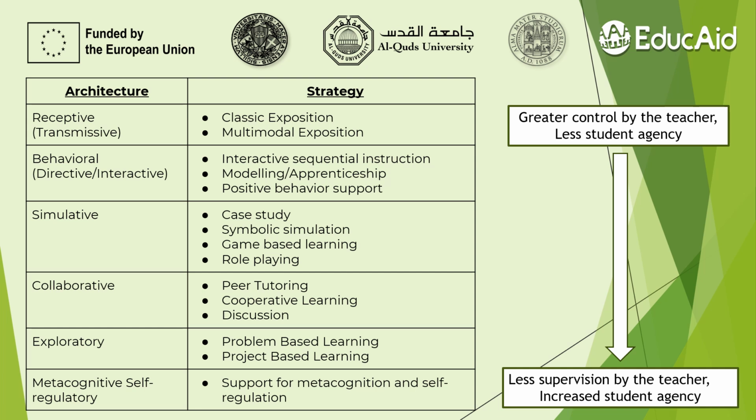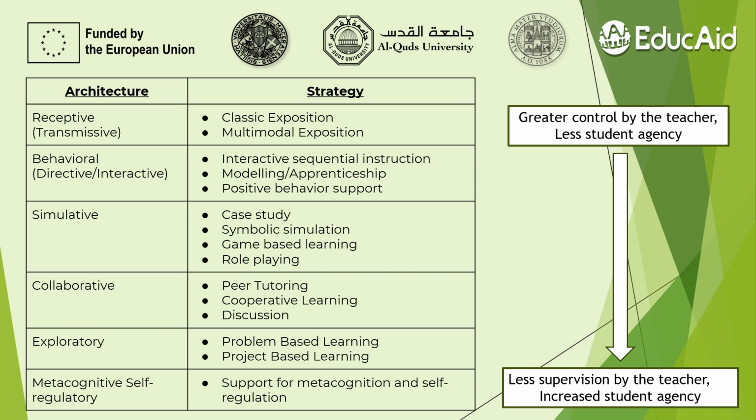It is important to remark that this architecture is a very peculiar one, because it can be considered a transversal architecture, in a way that the different strategies inside this architecture can be applied simultaneously to the other architectures.